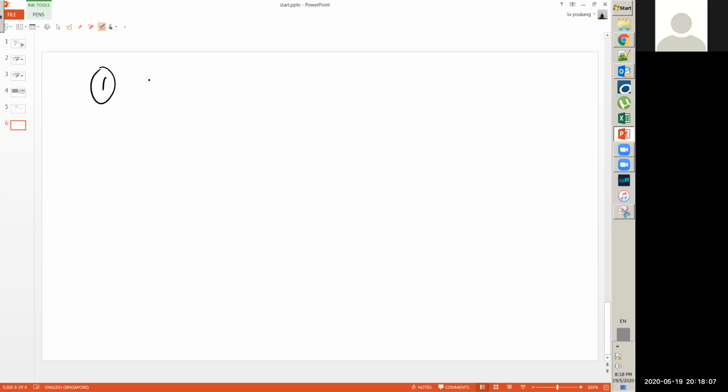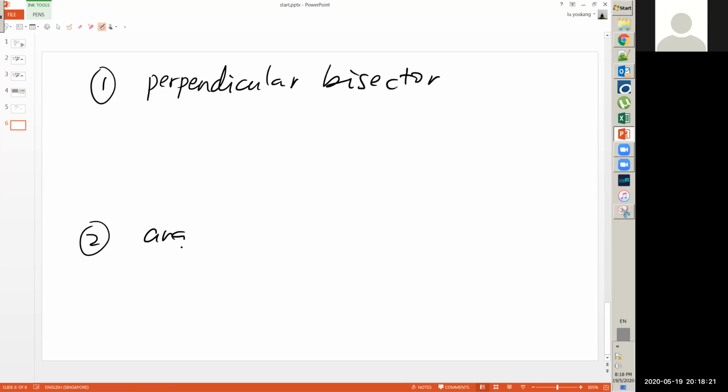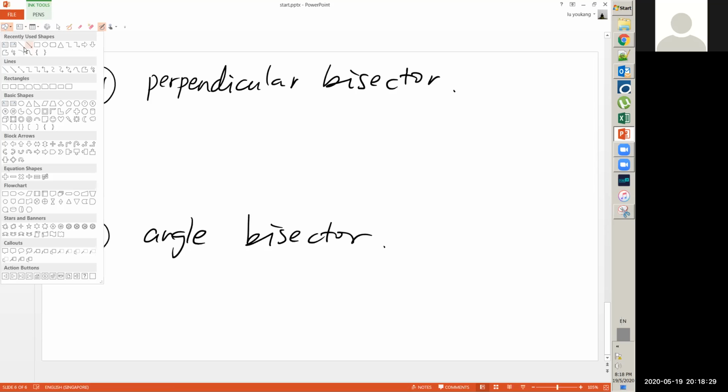Number one, perpendicular bisector. And the other concept is angle bisector. Let's start with the first one. What's the meaning of perpendicular bisector?